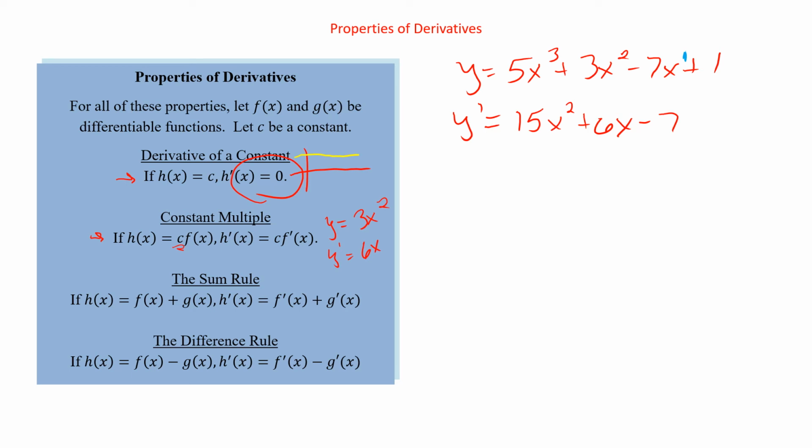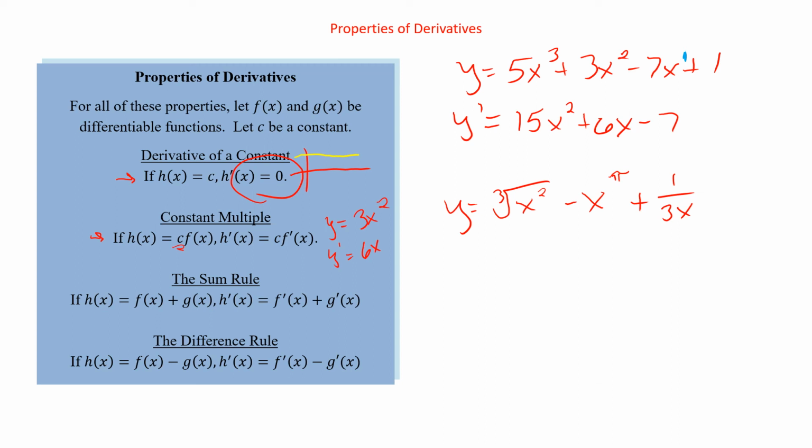So if we had another one, let's do y equals the cube root of x squared minus x to the, we'll go x to the pi, why not? Plus 1 over 3x.